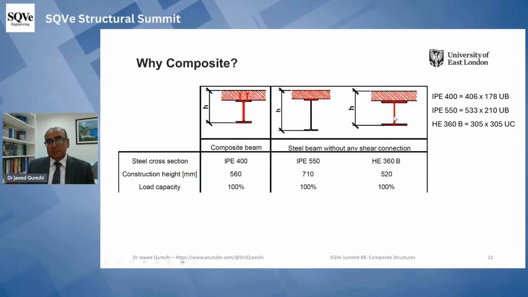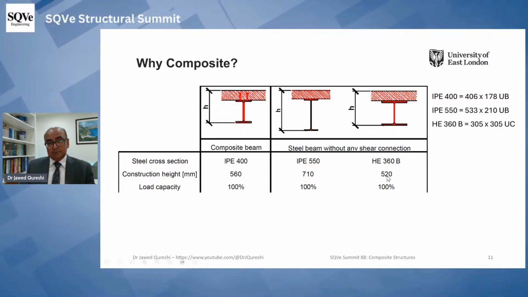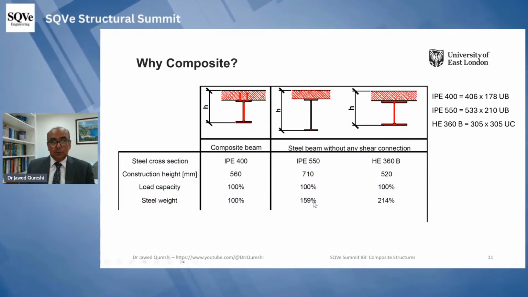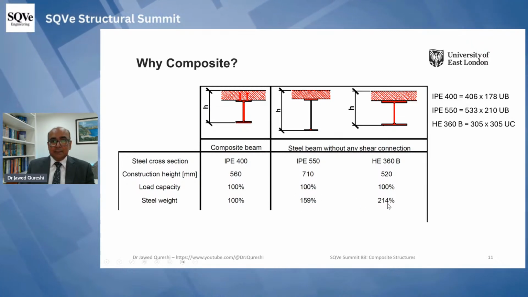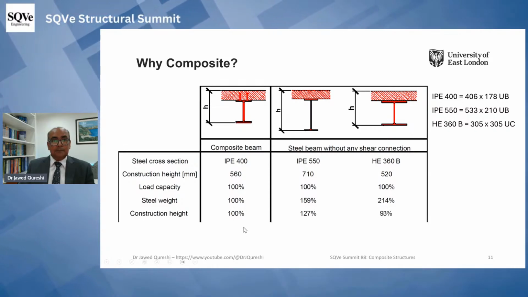And for universal beam, normally we don't use a universal column as beams. Here you can see steel weight is 100%. Here it is 60% more in case of the non-composite I section. In case of the non-composite column section, you can see it is double. It means a significant reduction in cost.